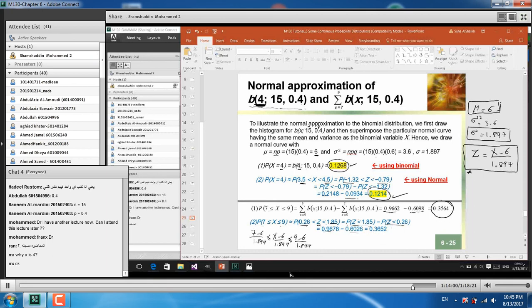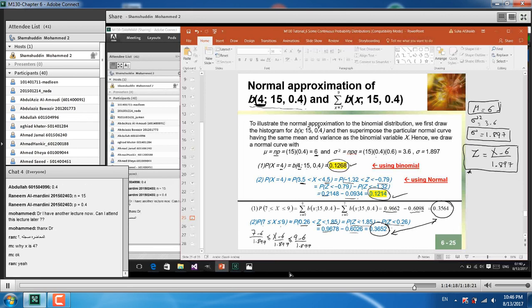From the table, get the result, and this is the result that you are getting. Can you see the two results? They are very close to each other, so this means that the approximation is valid in that case.